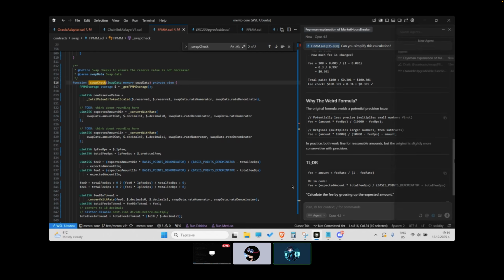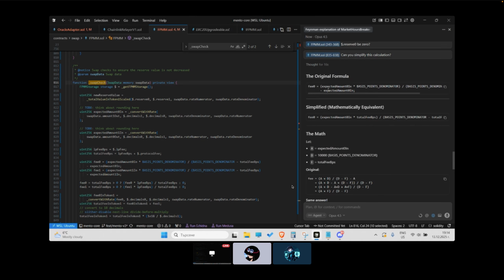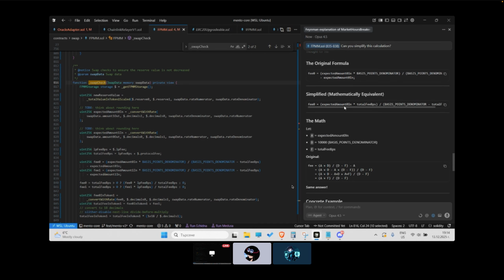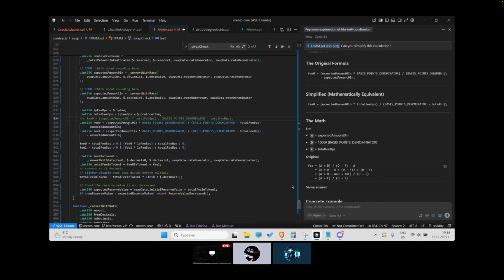Okay, so it simplifies to what? This is the simplified one. Okay, let's do it that way. Yeah, exactly, this is correct. This is like Uniswap does. It's the same, is it?